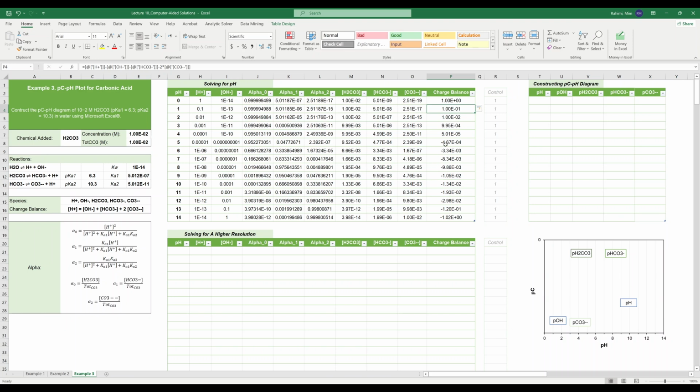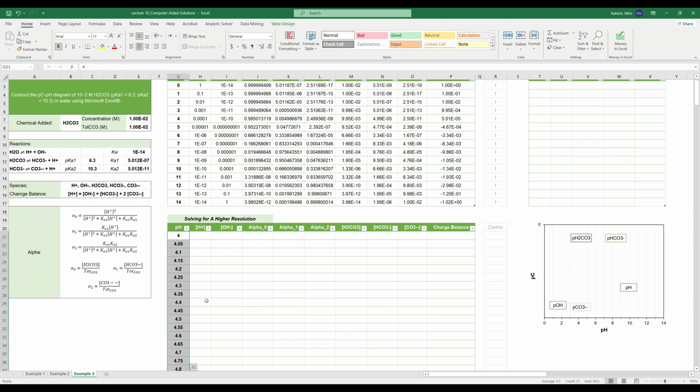So if we look here, we see that the charge balance is based on this value. The pH is somewhere between 4 and 5. This is where we have a change in the sign. So we just define this to be somewhere between 4 and 5, expanding it.